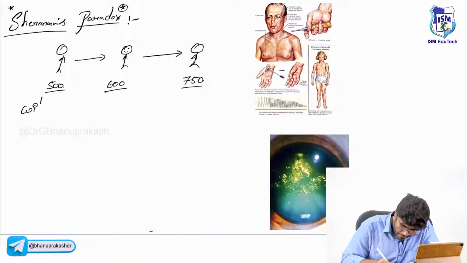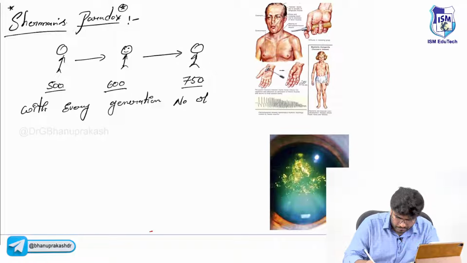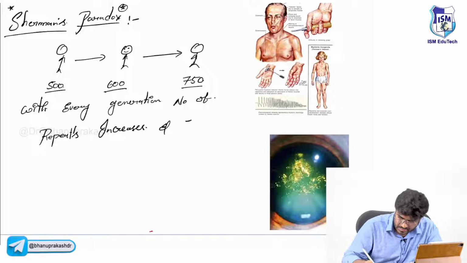Means with every generation, the number of repeats increases and the severity of the disease also increases.